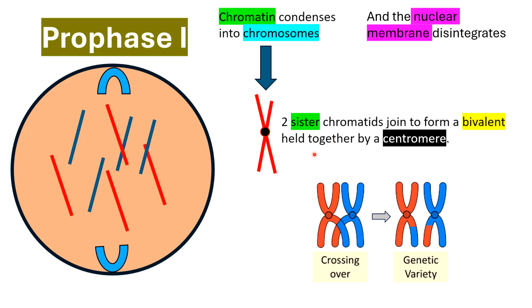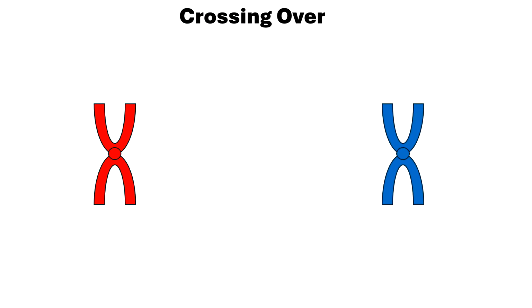And now, before anything else, crossing over is going to happen. As you can see here, these sister chromatids are identical because they're sister chromatids. Red one and red one and blue one and blue one, they are identical. But they will no longer be identical because between different chromosomes there's going to be an exchange called crossing over.